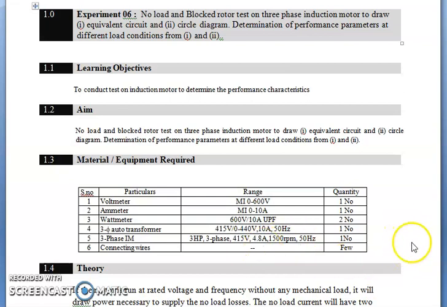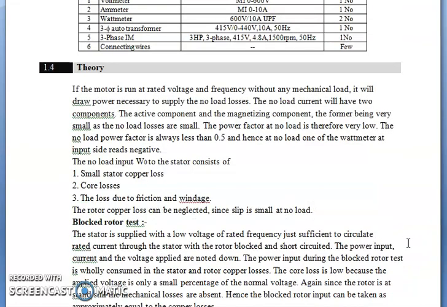Okay, then let us discuss in brief the theory about no load and block rotor test. Usually in case of a three phase induction motor, when the shaft of the induction motor is not loaded and it is fed with rated voltage and rated frequency, then we call it the no load test. During the no load test, the machine will draw no load current, which has two components: one is magnetizing current, another is the active component of current.